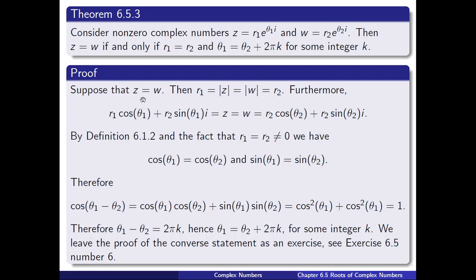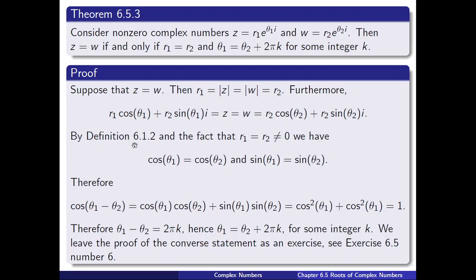So suppose z is equal to w, then obviously r1 is equal to r2. That one is obvious. And furthermore, if we take r cos theta 1 plus r sin theta 1 i, we'll see that that is equal to z, which is equal to w, which is equal to r cos theta 2 plus r2 sin theta 2 i.